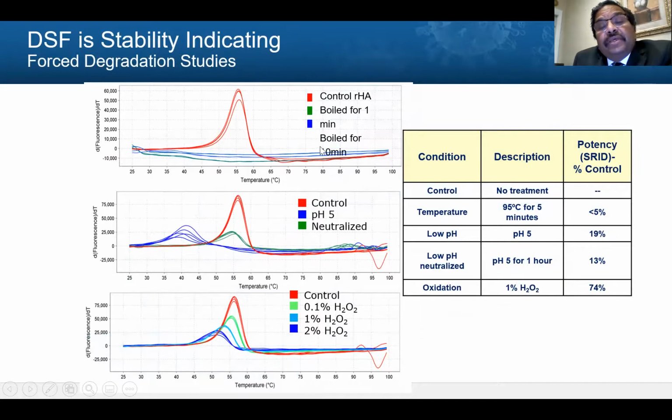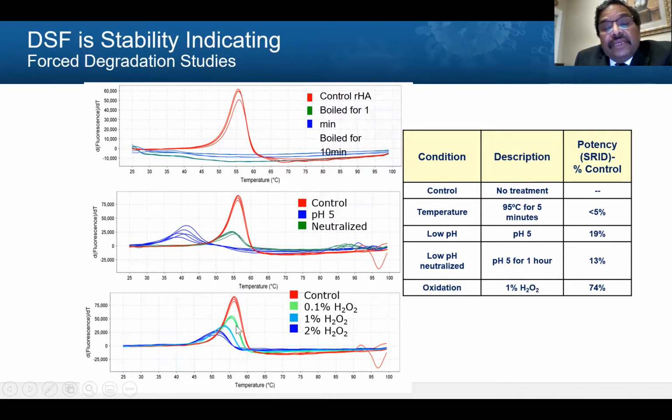The first example is heat treatment. If we boil the protein, we lose the structure, as shown here. If we treat the protein at low pH, we destabilize the structure and it can be degraded. But if we do the low pH treatment, then neutralize, and then test it by differential scanning calorimetry, we can get some structure back.